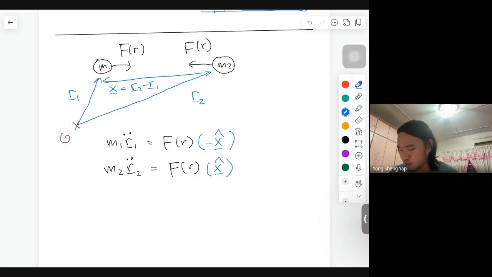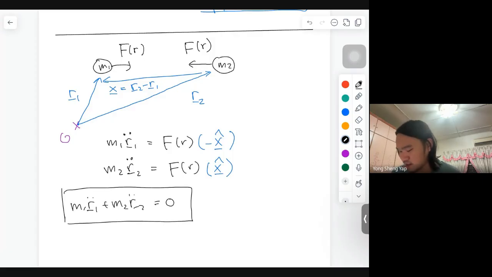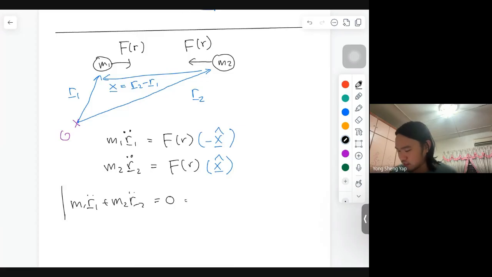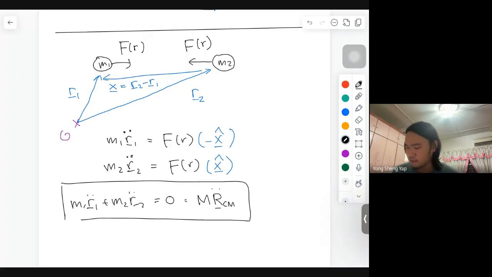The first thing you can do is always add the two equations of motion together, and what you always get is that the center of mass moves with constant velocity. It does not experience any acceleration. Maybe I should write that this is m R_CM. This is the first thing you can do.